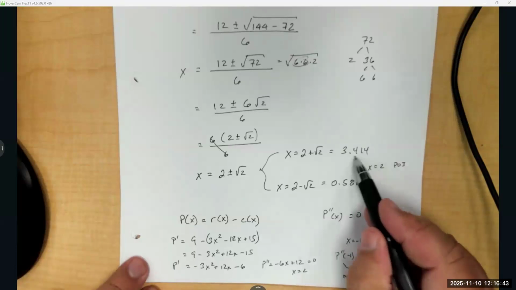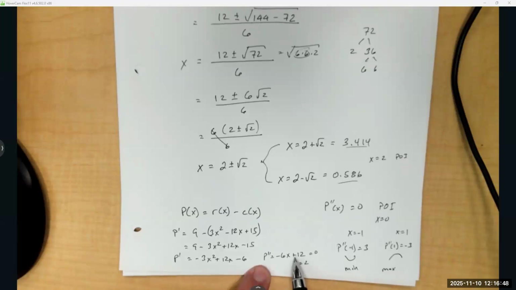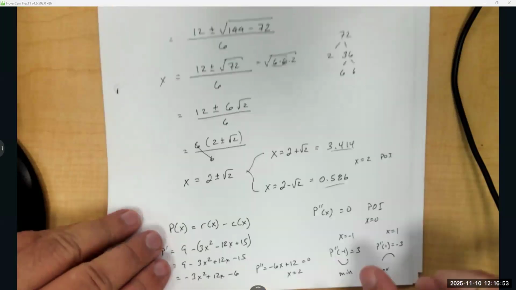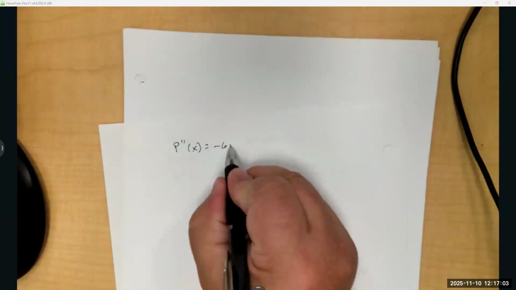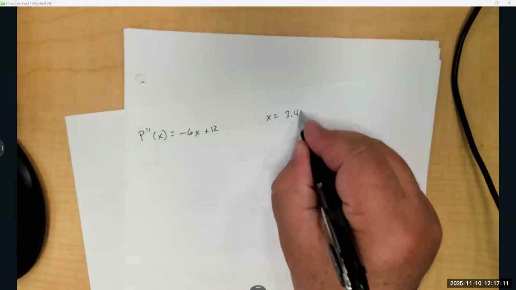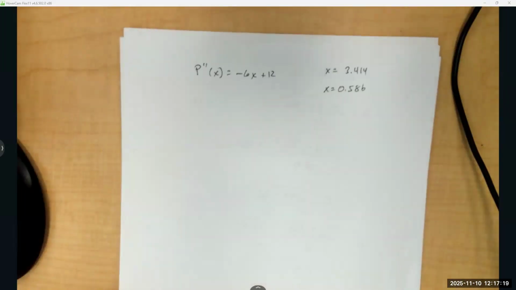All we have to do now is plug both of these into our second derivative, which is much shorter. It's a smaller equation. So our second derivative was negative 6x plus 12, and our possible x values were 3.414 and 0.586.